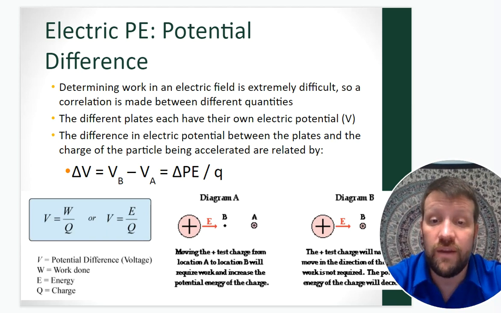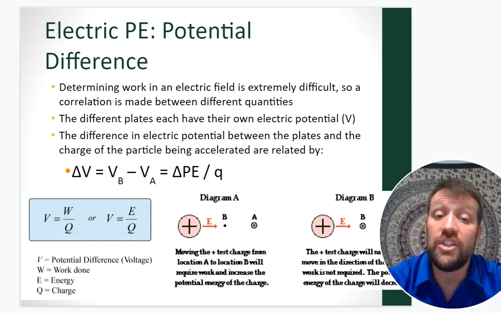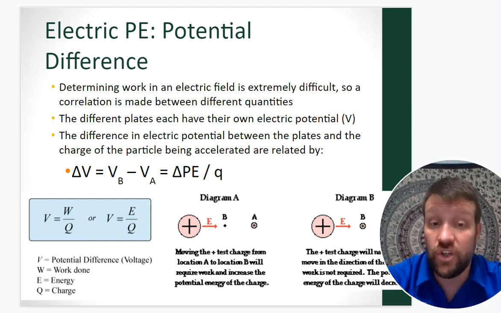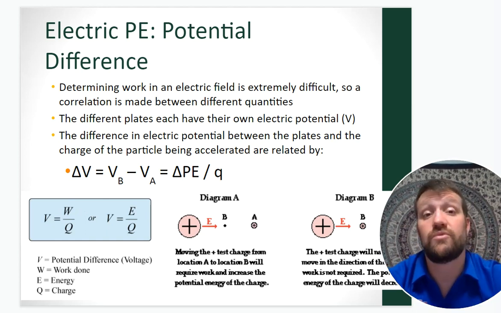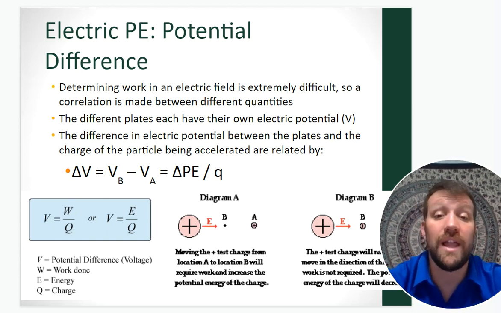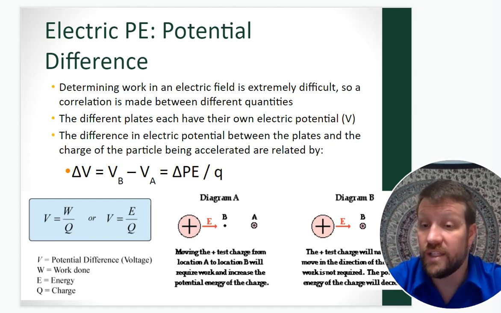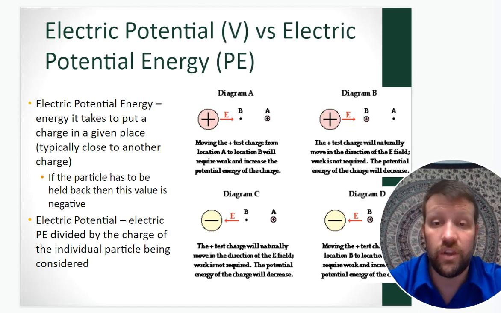The difference in voltage between the plates is going to be one minus the other, and that's going to equal the change in potential energy divided by the charge of the object. This seems crazy right now, but we will elaborate on this quite a bit and keep going.